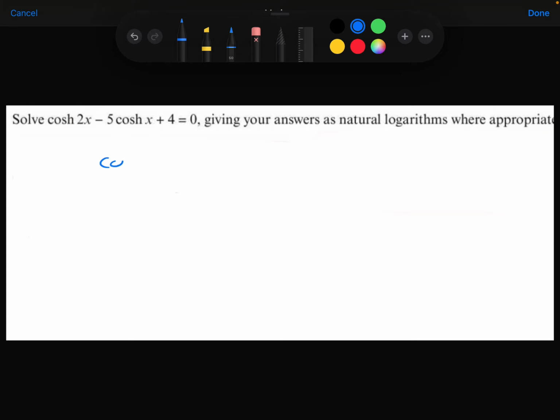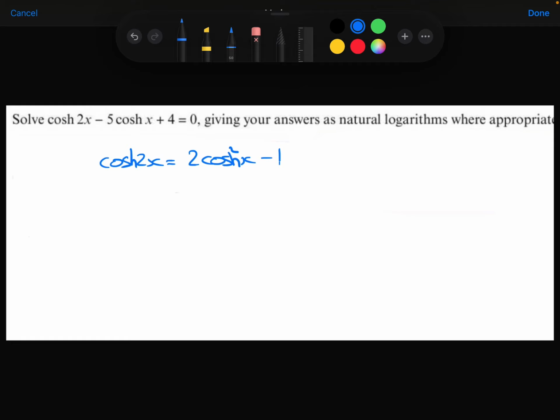Well, I know that cos 2x can be 2 cos squared x minus 1. So I'm going to use the equivalent for cosh. Cosh 2x is going to be equal to 2 cosh squared x minus 1.